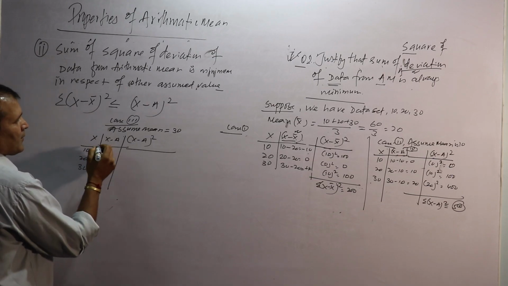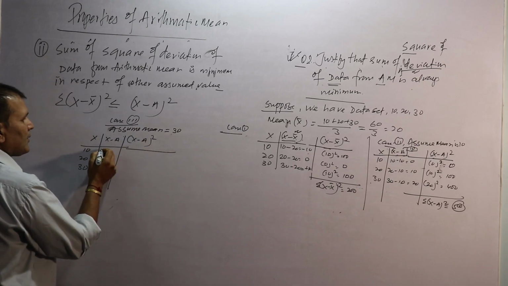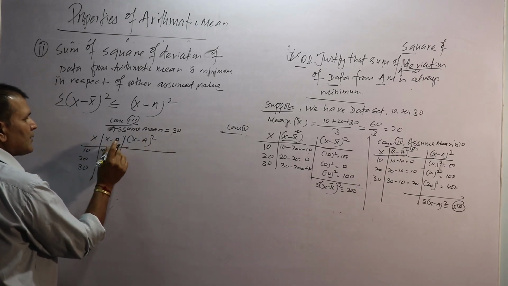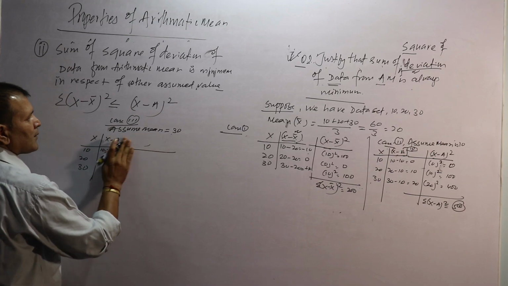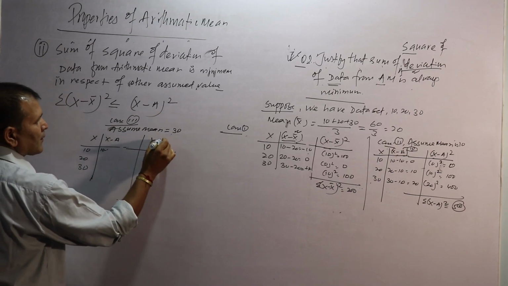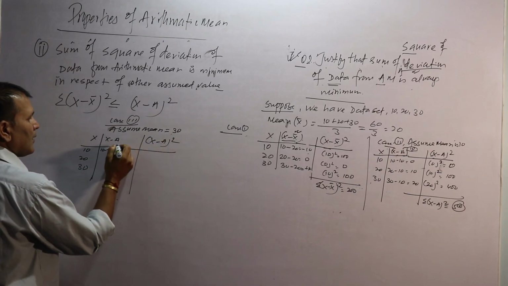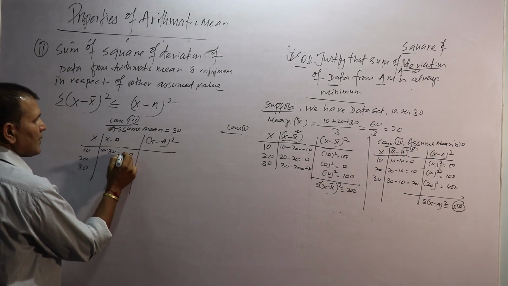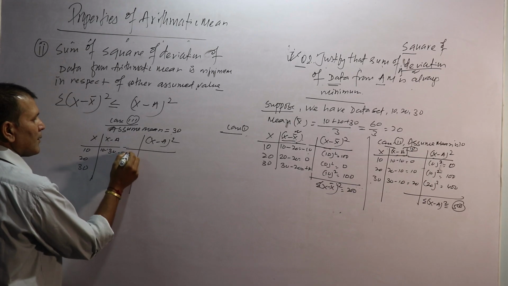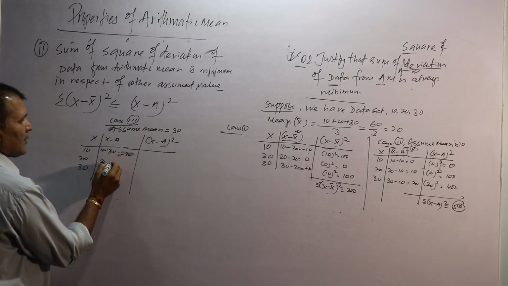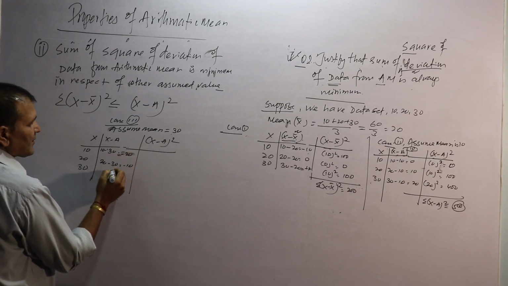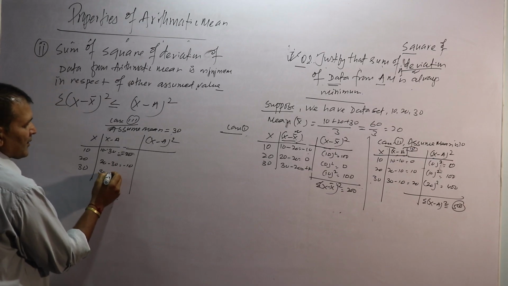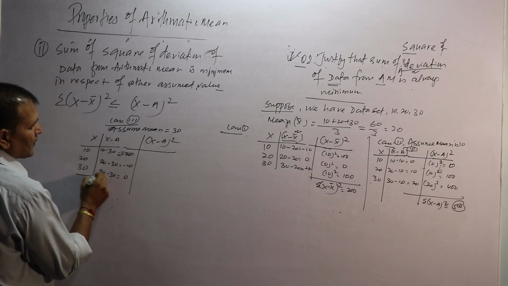The assumed mean is 30. So 10 minus 30 is minus 20, 20 minus 30 is minus 10, and 30 minus 30 is 0.